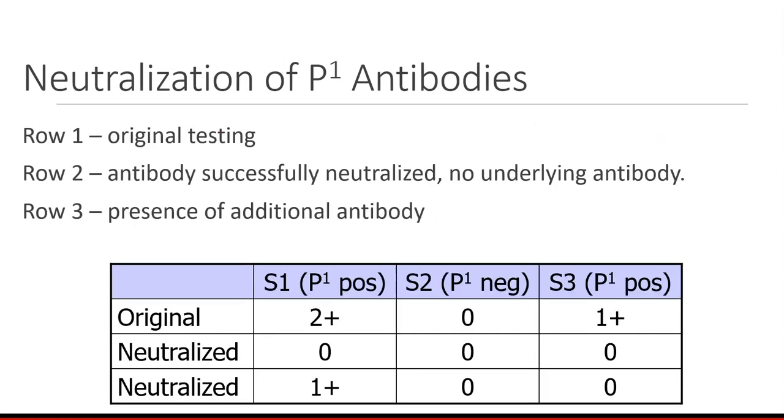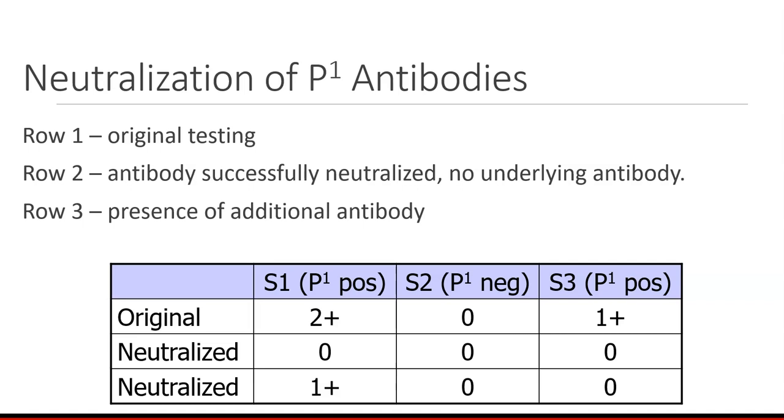So in row 1, we have our original testing that we have positives with screens 1 and 3. We add our P1 substance, whether it's hydatid cyst fluid or pigeon egg, read the package insert, and this was a successful neutralization, so it's gone.